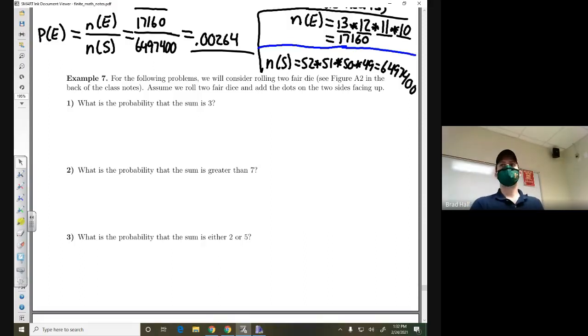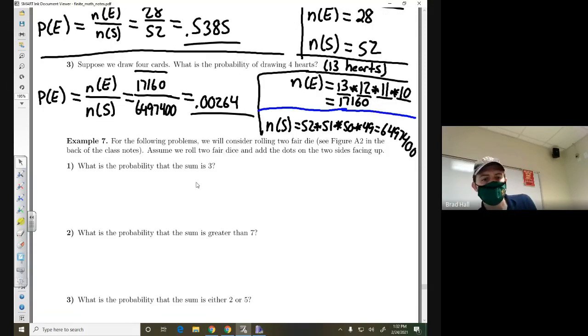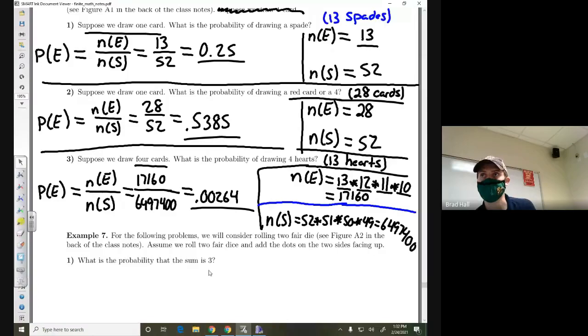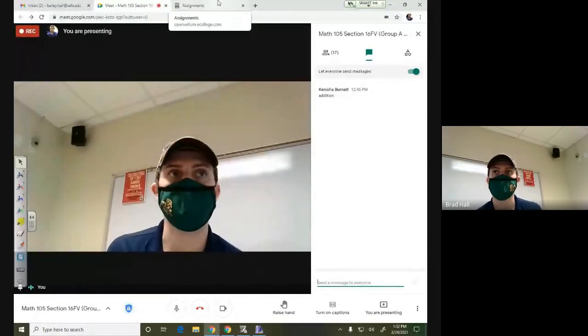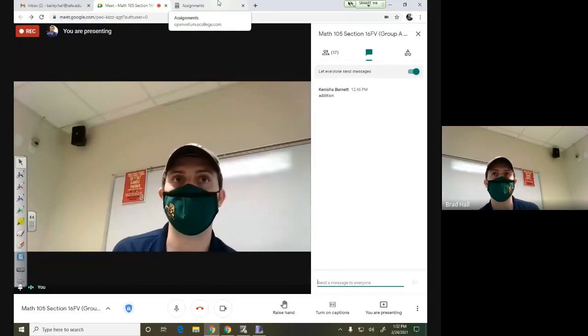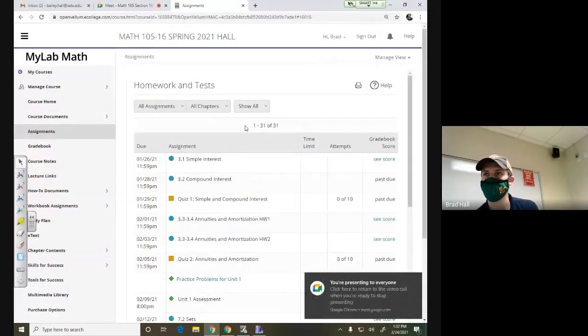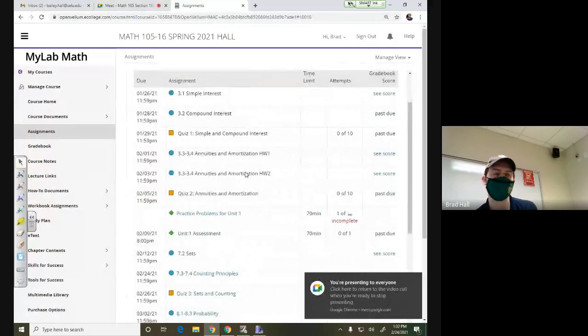So this probability homework, this homework's not due yet. There might be a due date in my math lab. You can work on it if you want. But since the counting homework is due tonight, I wanted to ask if anyone had any questions, and if not, I wanted to do some of the ones that might be a little bit more difficult. Or I can work on the workbook pages, the remainder of them.